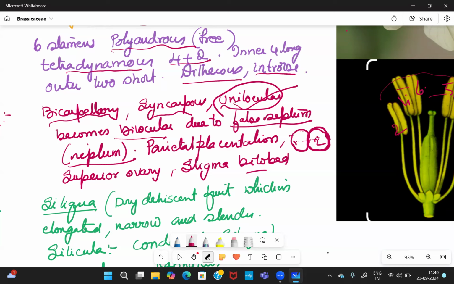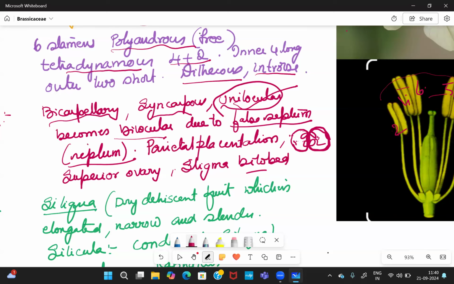And where are the ovules attached? To the replum like this. Replum is nothing but the ventral suture. In a parietal placentation, we can't see the ventral suture, but after the formation of the replum, it acts as the ventral suture.